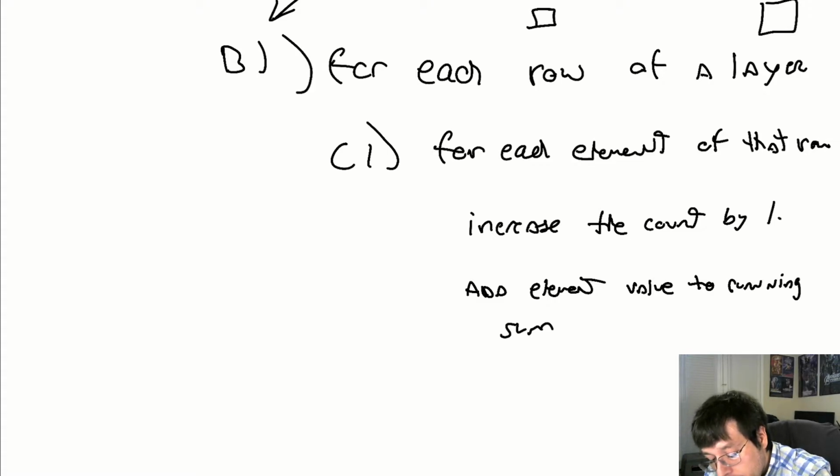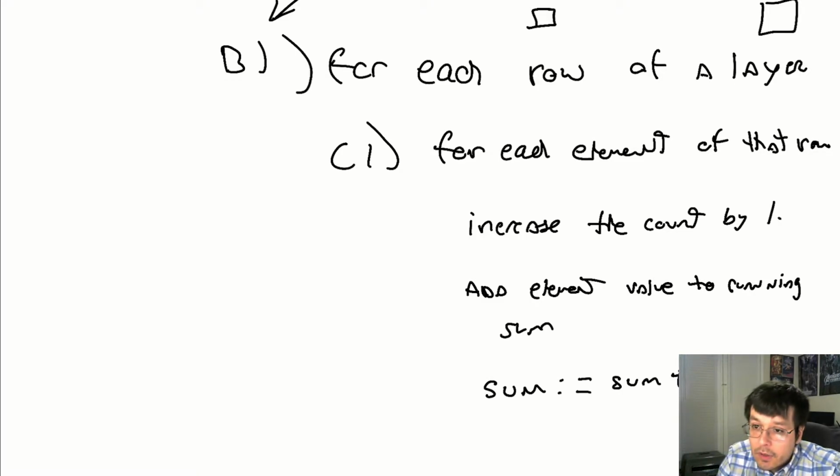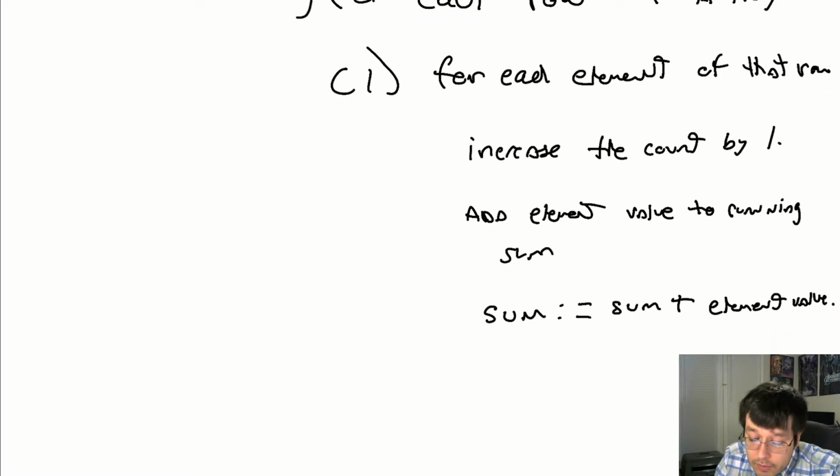And mathematically, how would you do that? Well, if your running sum is that, then you take the current value of sum and you add the element value. Right? So that's what we're trying to do.